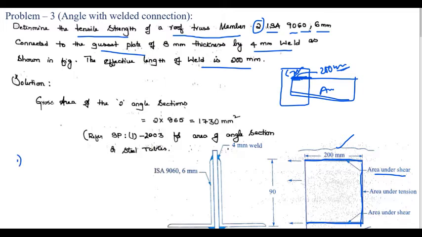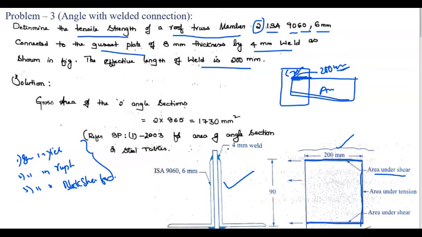That is, one, strength in yielding, strength in rupture, and third one, strength in block shear failure. So the least strength is taken to be the tensile strength of that section, I mean this section or member.